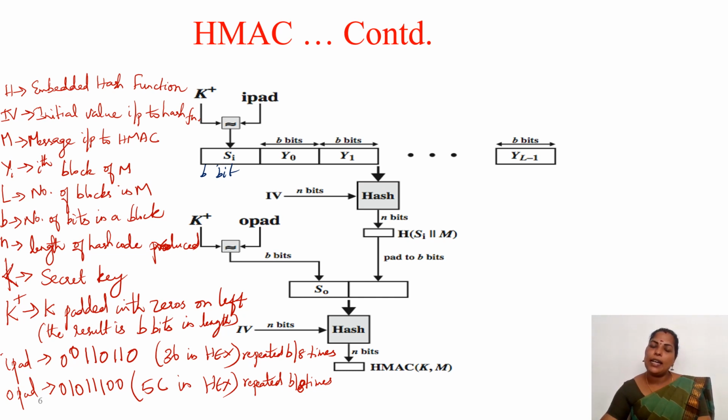We already said K is the secret key. K plus is K padded with zeros on the left. The message is divided into different blocks: Y0, Y1, up to YL minus 1. This message is divided into blocks of size B bits.